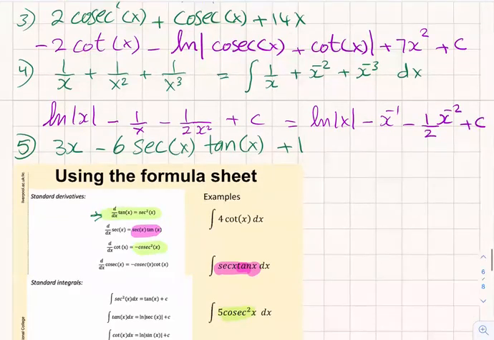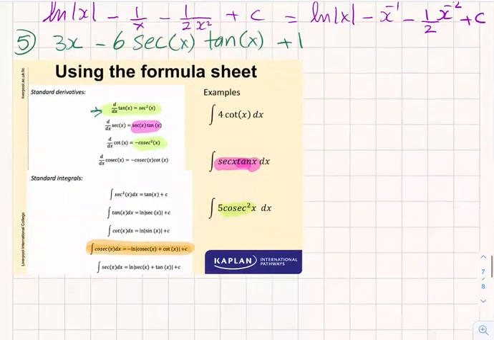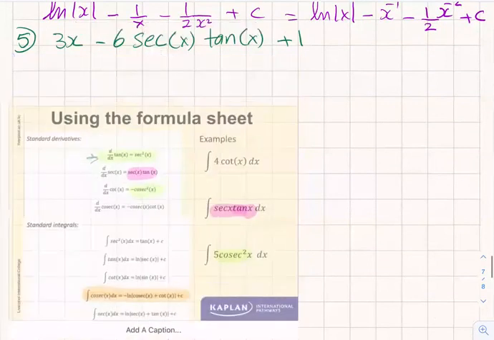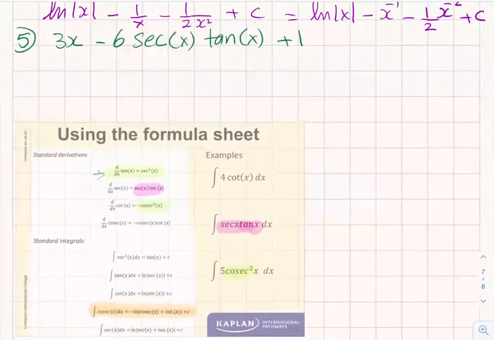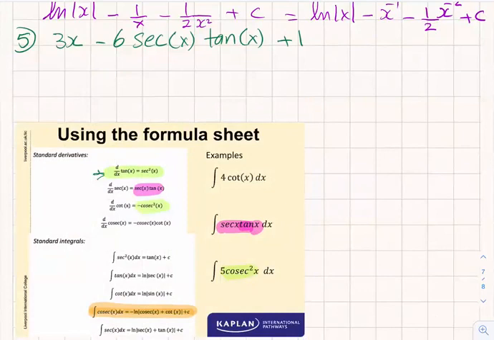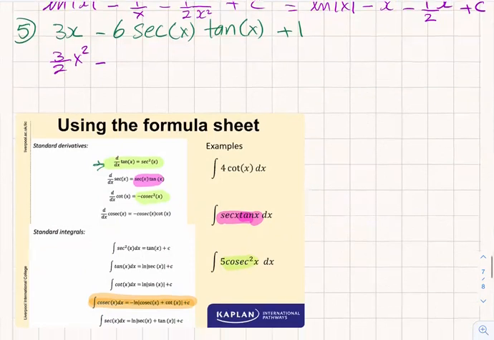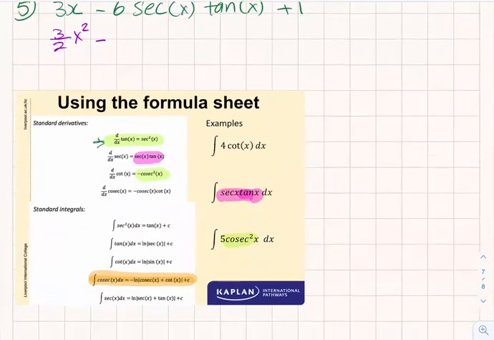Right, the last one here. The 3x is going to be 3x squared over 2. So it's 3 over 2 x squared minus secant tan. Do we have secant tan somewhere? The second one in the derivative, we have secant tan.